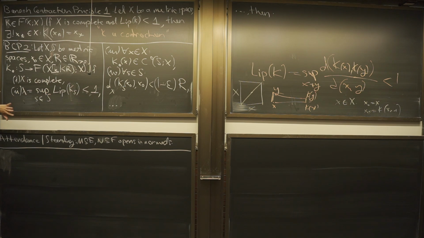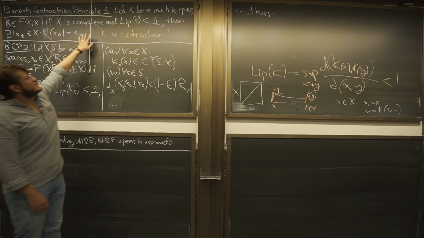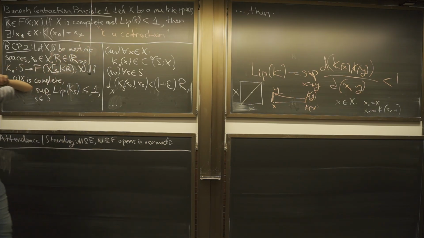Now, BCP2 is essentially a souped-up version of BCP1. Or maybe even before going into this, let me just abbreviate this by saying, on complete metric spaces, contractions have unique fixed points. So that's how we can abbreviate this.